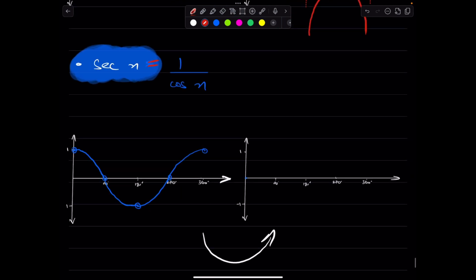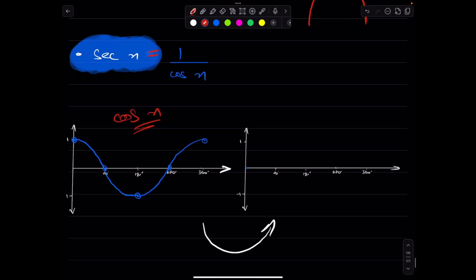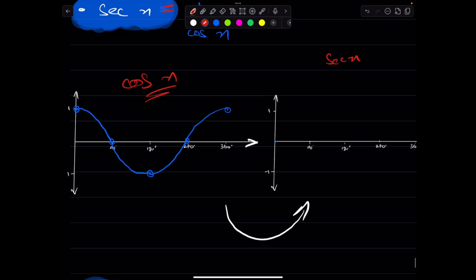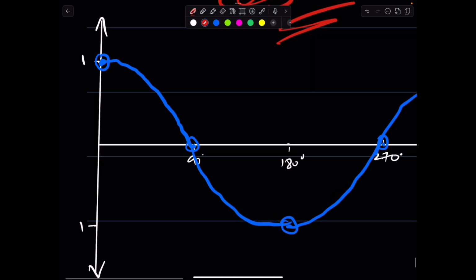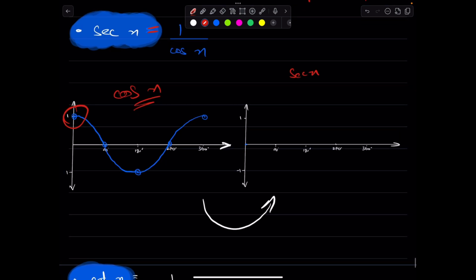Then moving on to the graph of sec x. First of all, imagine the graph of cos x. I label this as cosec x and this as sec x. So at 0, the graph of cos x is at 1.